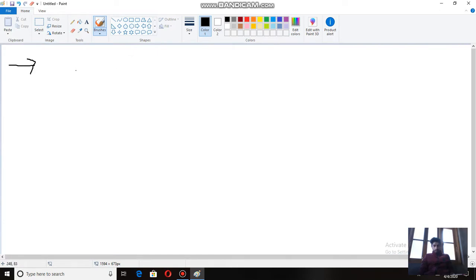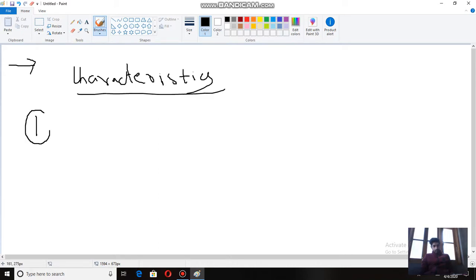Now there are some characteristics of these catalytic particles. First, it does not initiate the reaction.